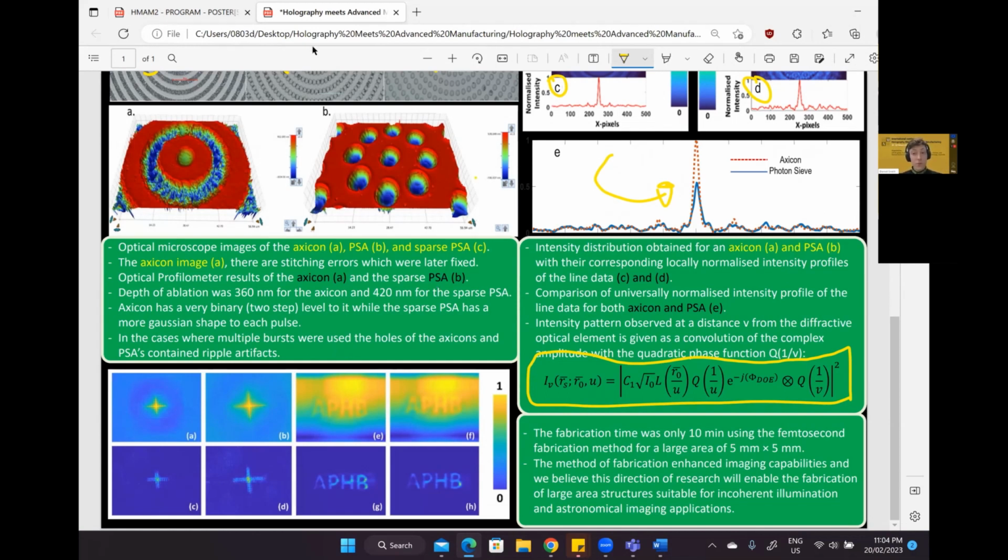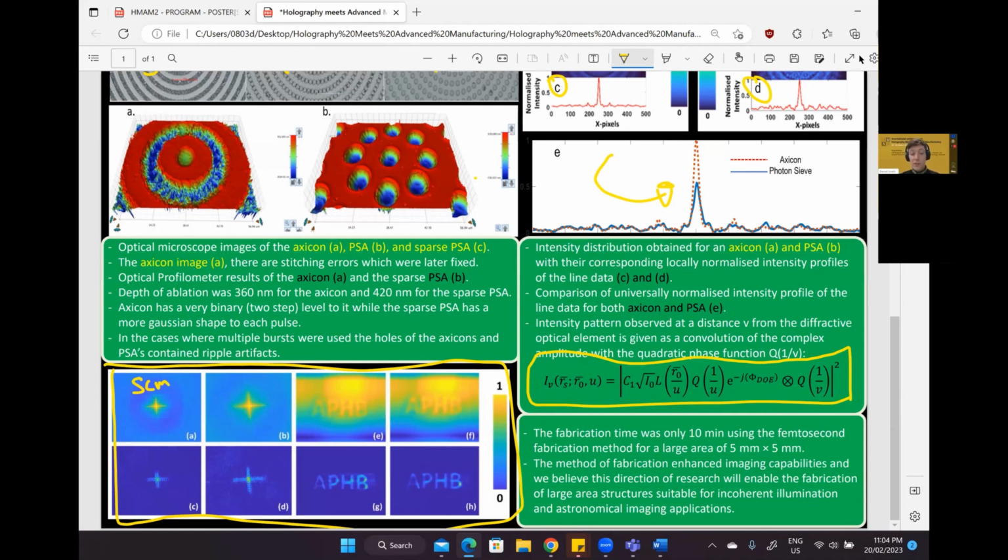Now, we did perform imaging, so let me show you some imaging results. The imaging is shown in the bottom left here. We performed real-life imaging in laboratory conditions at 5 centimeters and 6 centimeters.